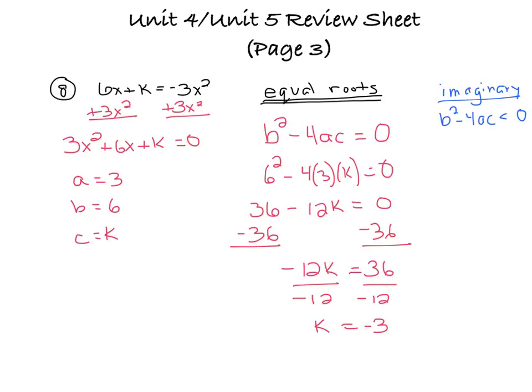If the question had asked for you to find all values of k so that the equation has real roots, then the discriminant would have to be positive or equal to 0. So you would just take the discriminant and set it greater than or equal to 0.